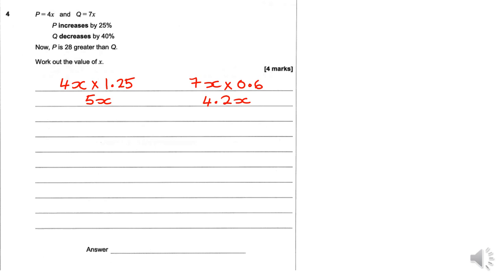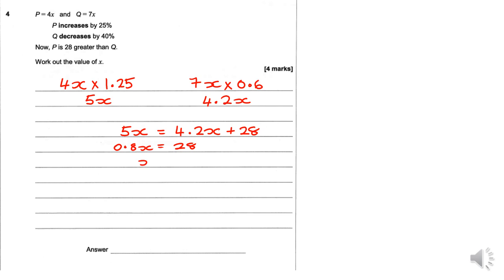Lovely. And now P is 28 greater than Q. So that means if I want to make these equal to each other, if I want to put an equal sign in, I've got to add 28 on to Q, which is this right-hand side. So I'm going to add my 28 on there. Right, then it's just solving. I'm going to take away 4.2x, which leaves me with 0.8x. That equals 28.